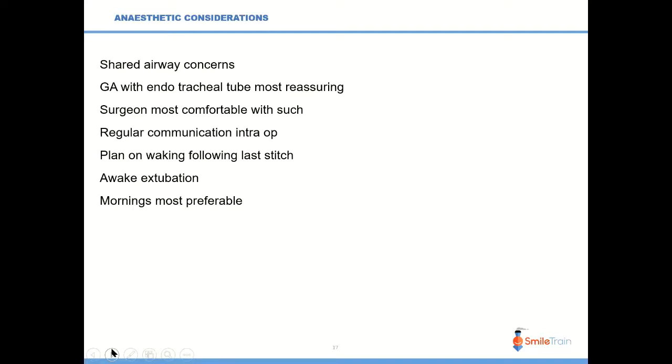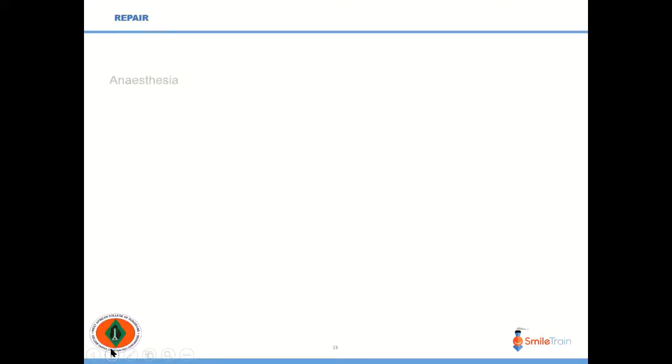We'd love to have awake extubation so that all the reflexes are there. These surgeries, particularly for babies, are best done in the mornings. Thankfully, Smile Train has a rule that for children less than 2 years old, the scheduling should not exceed 2. So we need to adhere to that strictly.